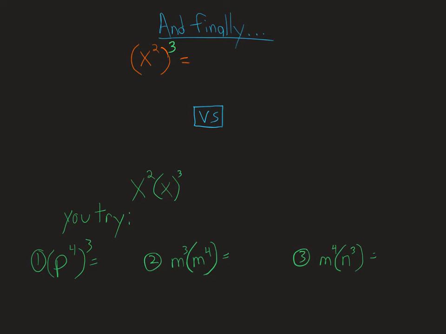So x squared, there's our x squared. And then that raised to the 3rd is telling us that this x squared we do 3 times. So there's the second one, there's the third one. So that's the expanded part of the exponent raised to an exponent.